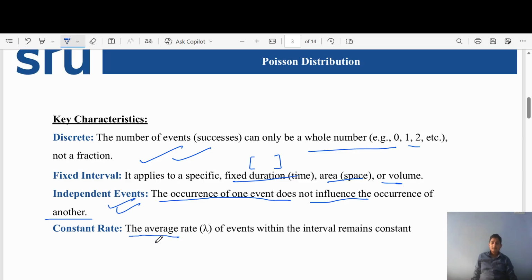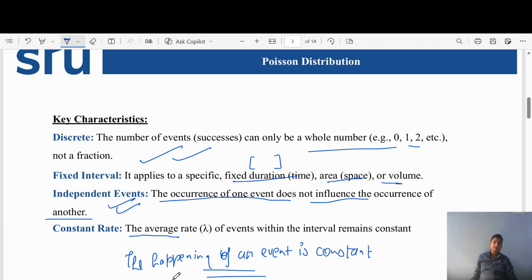Constant rate: the rate of happening of an event is constant. This is also a very important point. All these key characteristics are used in the Poisson distribution.